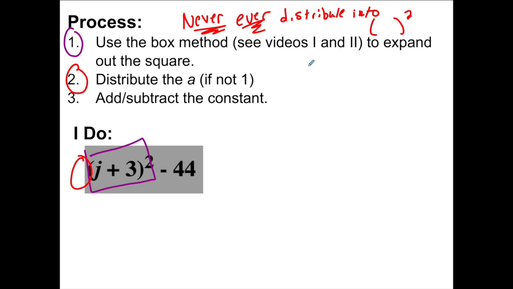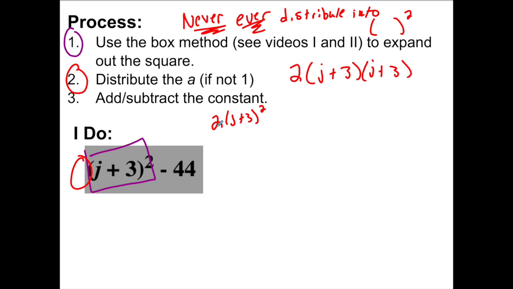So j plus 3 squared technically equals j plus 3 times j plus 3, right? That's what it means to be squared. Now, if you were to distribute, let's say there was a 2 here, so let's say it was 2 times j plus 3 squared.